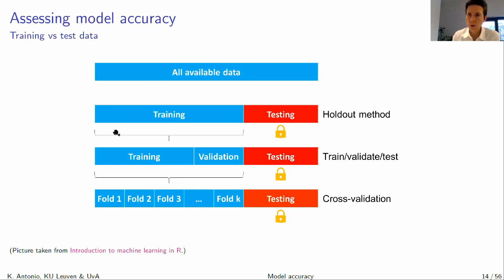And at this point, you should now be more capable of understanding this scheme, right? Because what we say here is that once we have all the available data, we're going to put a part of them under lock, and we're going to call that the test data. We're not going to touch them until the very, very final step of our process. That is to evaluate the performance of the model across different models to compare performances on the test data.